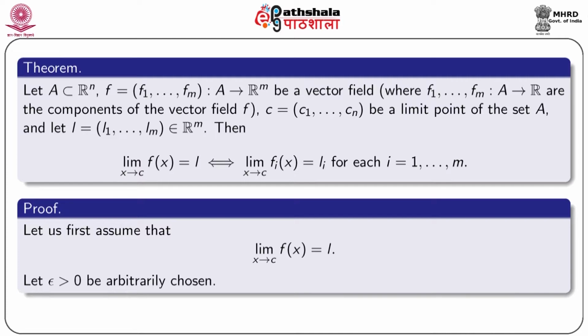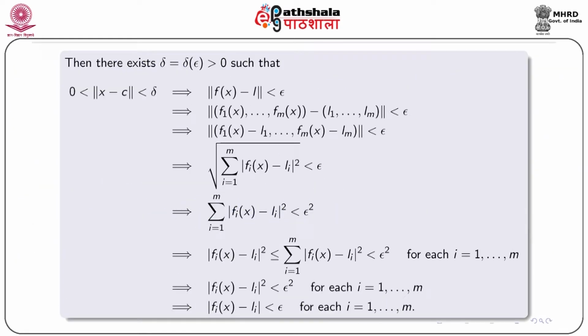Let epsilon greater than 0 be arbitrarily chosen. Then there exists delta, dependent on epsilon and positive, such that whenever 0 < norm of x minus c < delta, we have norm of f(x) minus L less than epsilon.